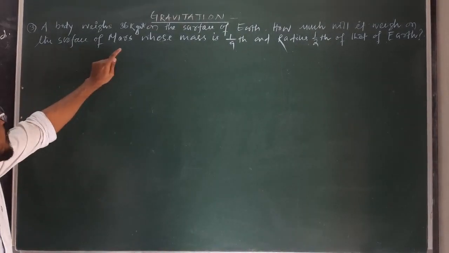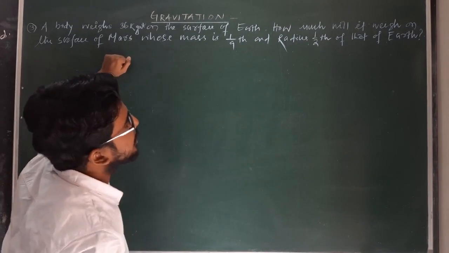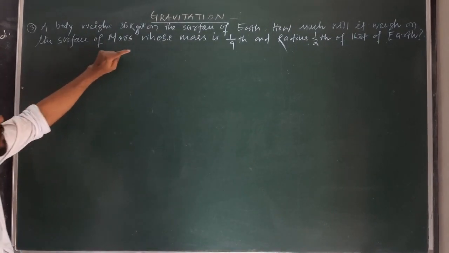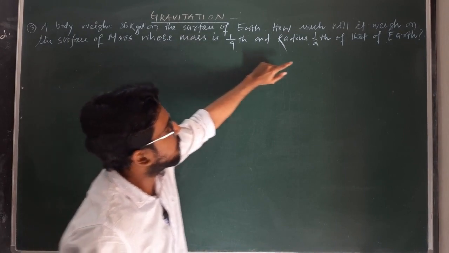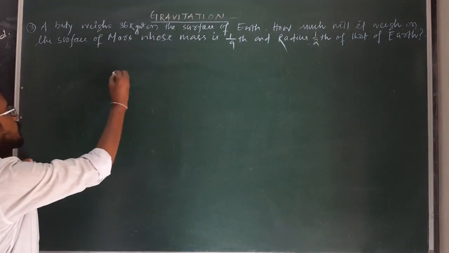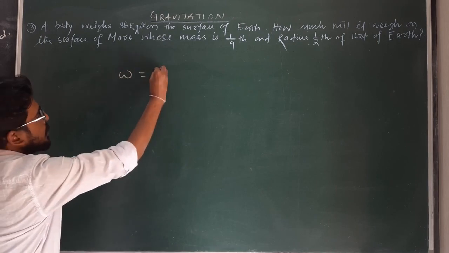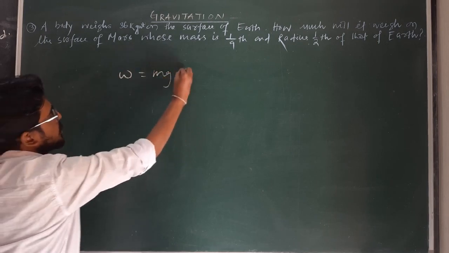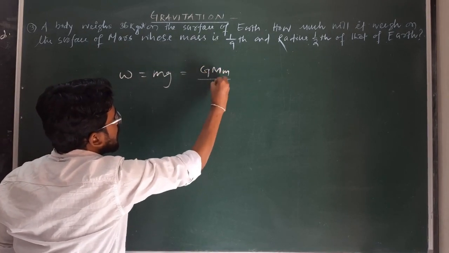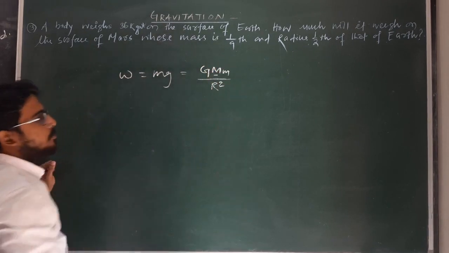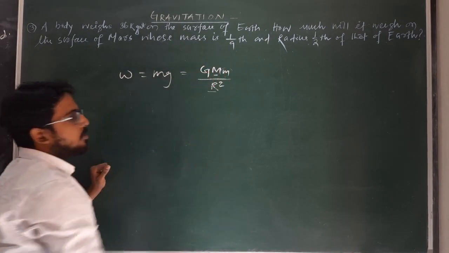Clear? Okay students, so the next question is like this. A body weighs 36 kg weight on the surface of earth. How much will it weigh on the surface of Mars, whose mass is 1/9 and radius is half that of the earth? So we know what the weight on the earth's surface is. Weight can be written as m into g, which can be written as G M m divided by r square, where capital M is the mass of earth, r is the radius of earth and m is the mass of the body.